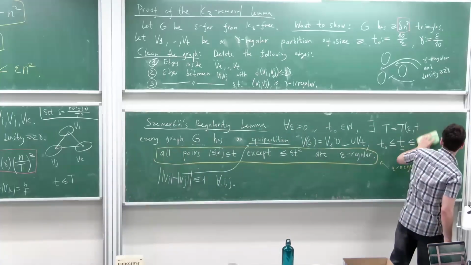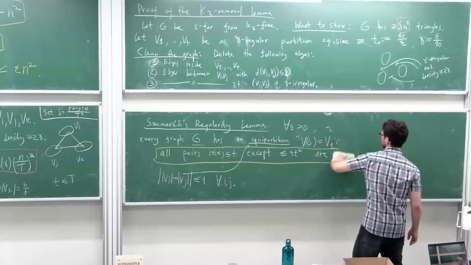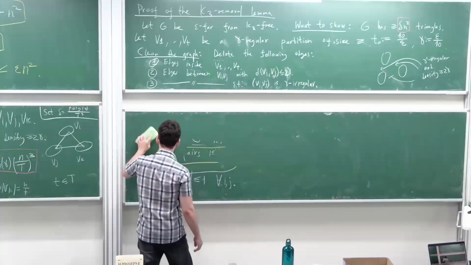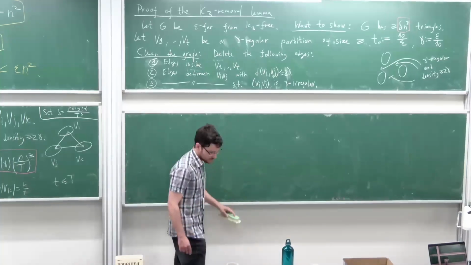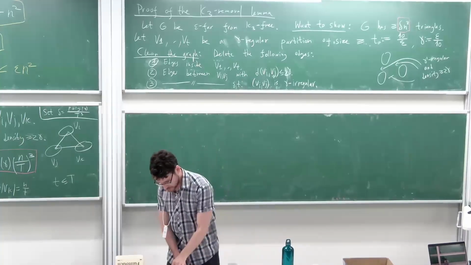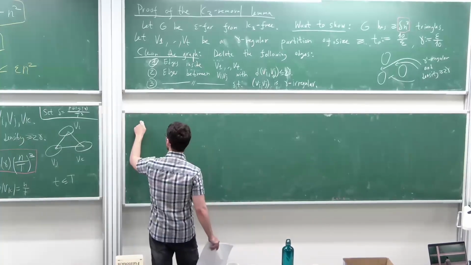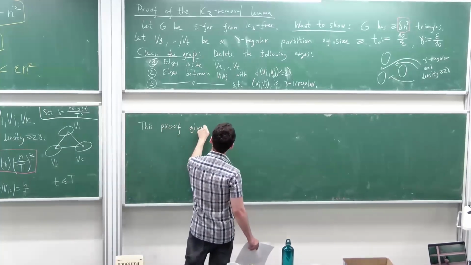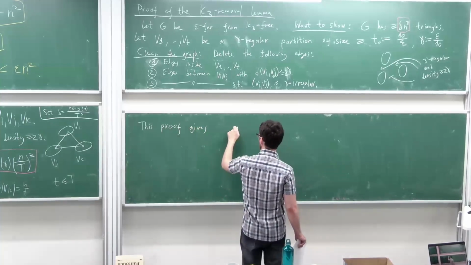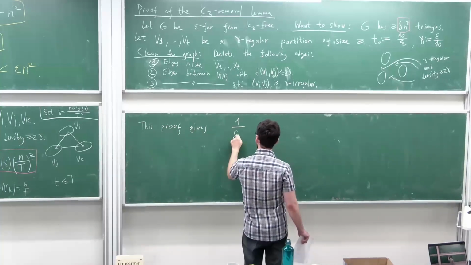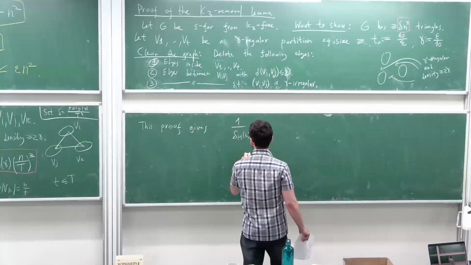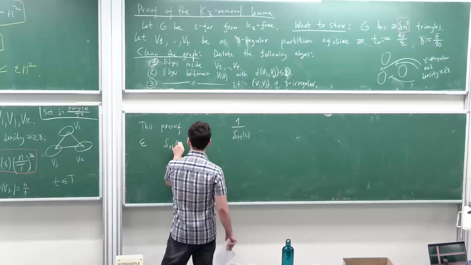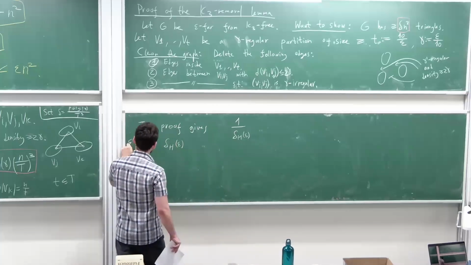So again, we can ask about the dependence between the parameters. Remember that in the removal lemma, we have this parameter epsilon, and then we have delta of H and epsilon, which we denote by delta.